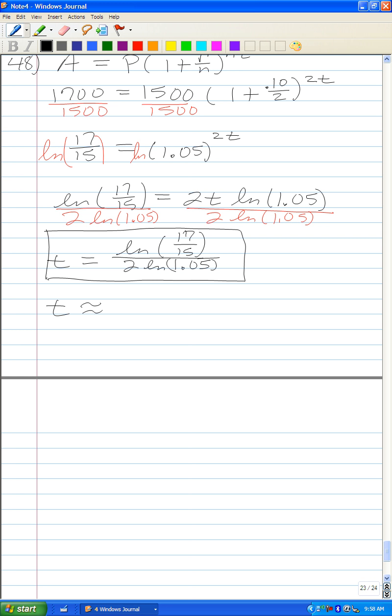And so ln 17 over 15 divided by 2 ln 1.05 is about 1.2667778, and we want to round to the nearest tenth.